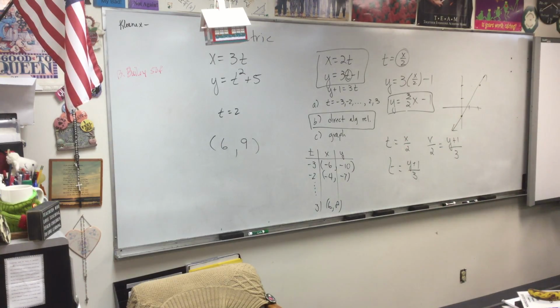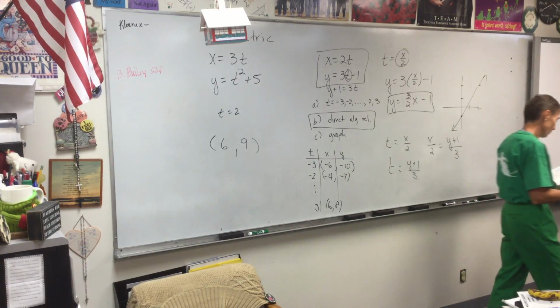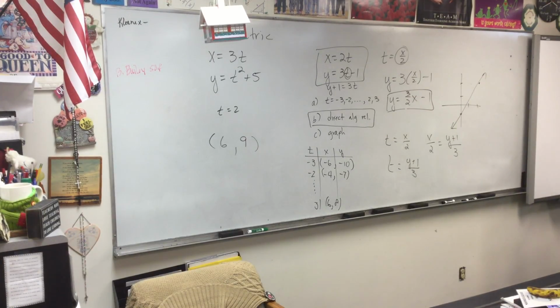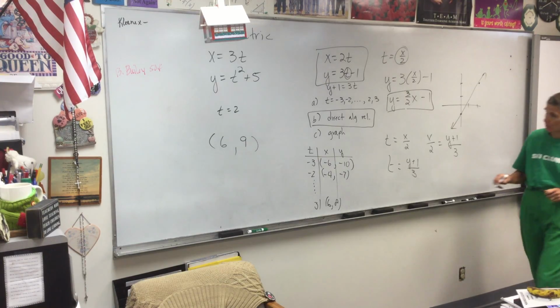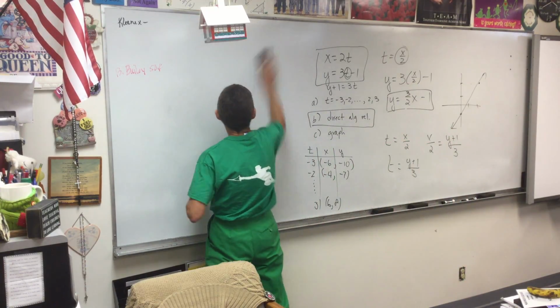Now, would you open up your books if you haven't already? We're going to look at problem number 10 and 11, because we have a little bit of vocabulary to talk about. Problem number 10 looks sort of like a sine curve. It's shifted a little bit.